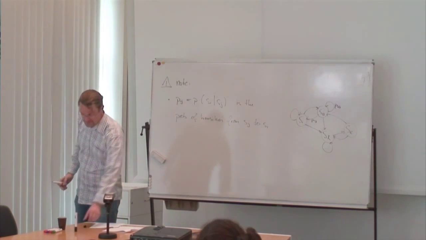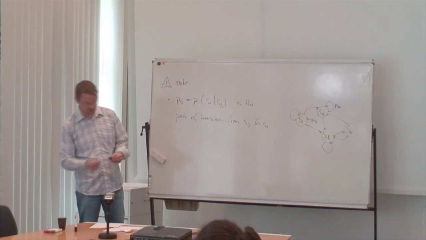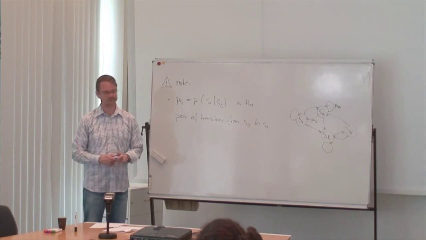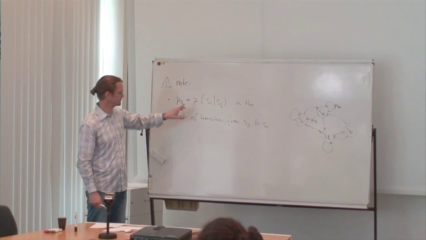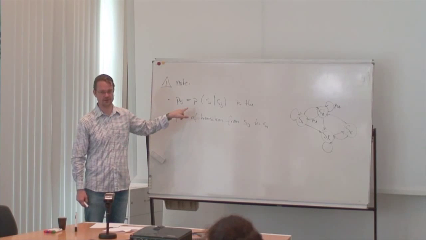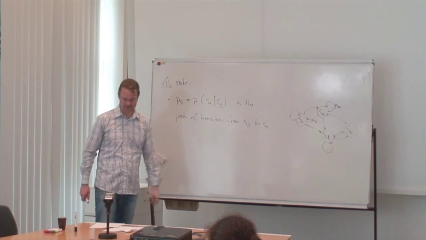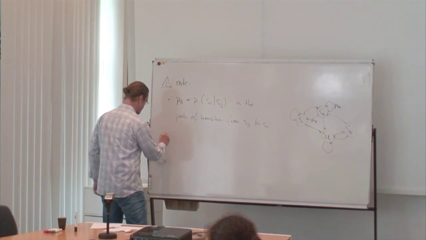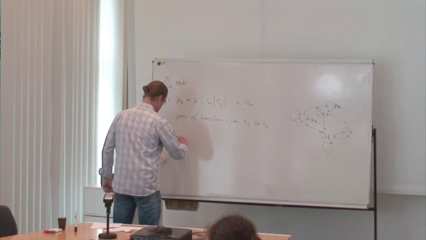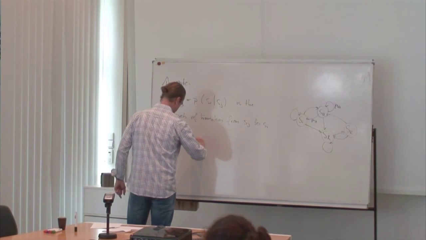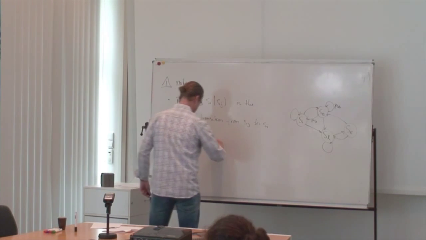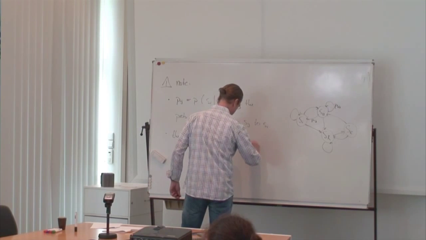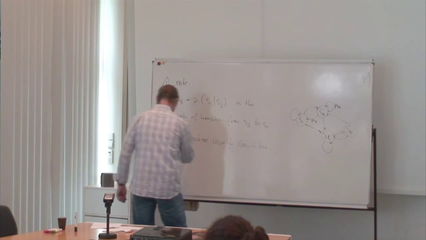And I am stressing that because the literature does it the other way around. They put the J first and the I last. The literature usually does it the other way around.